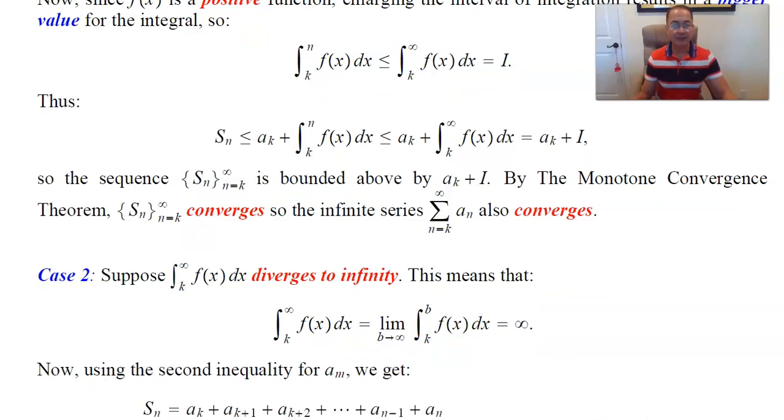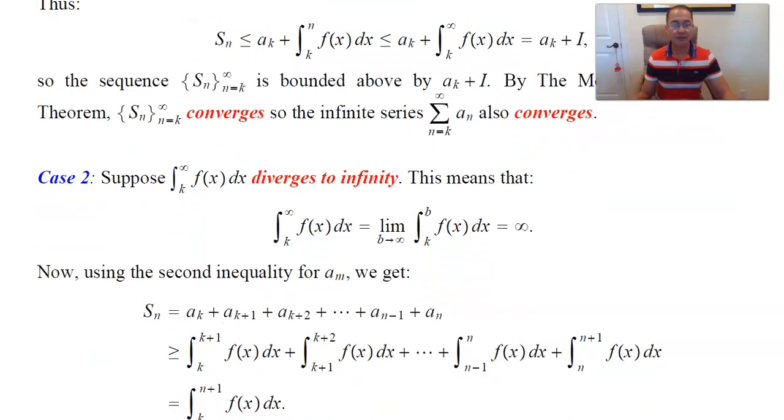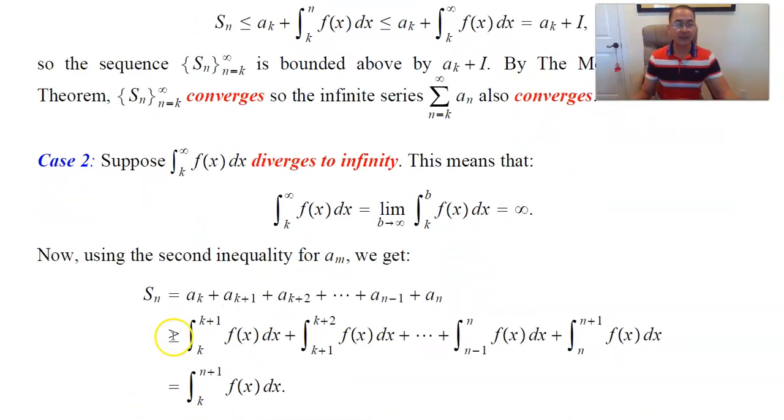But now we also saw that for the same partial sum, ak is now at least the integral from k to k plus 1 of the function. ak plus 1 is now at least the integral from k plus 1 to k plus 2 of the function, all the way up to the integral from n to n plus 1 of the function.